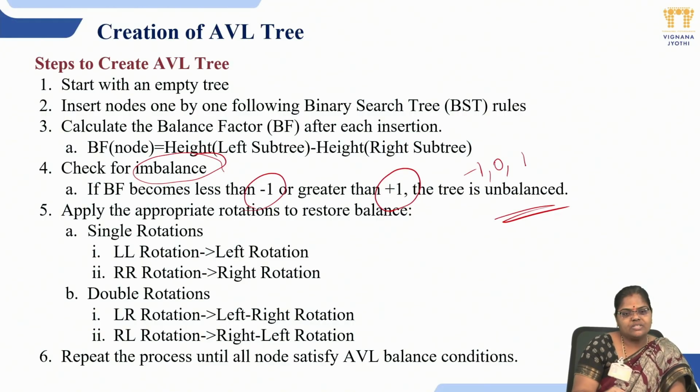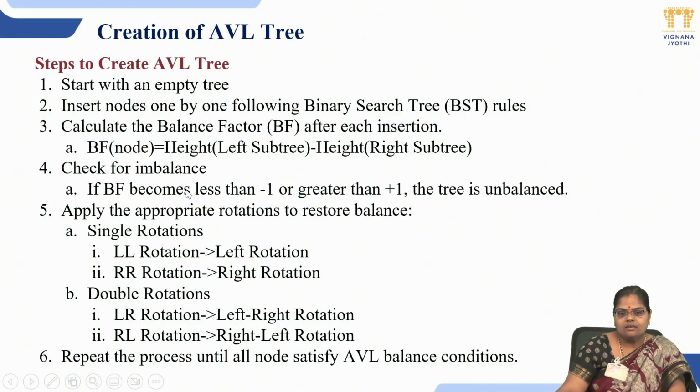So after checking for the imbalance, we go for balancing it, for which we apply the appropriate rotations based upon the pattern which we identify. As just rightly said, if we have a skewed pattern, we apply single rotations. If we have the other pattern combinations, we go for double rotations. And this process is repeated until every node satisfies the AVL balance conditions, that is -1, 0 and 1.